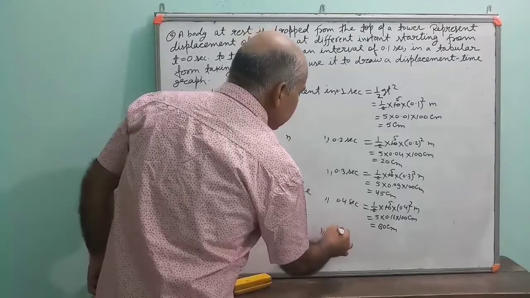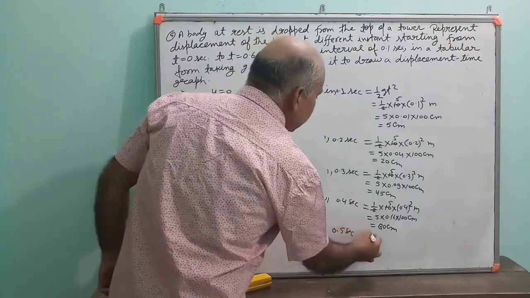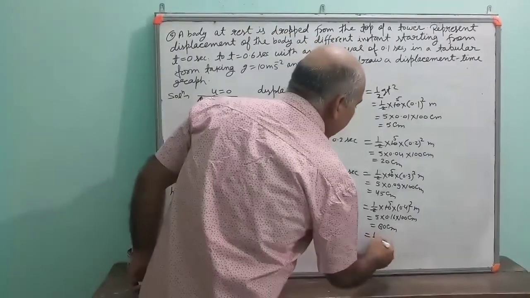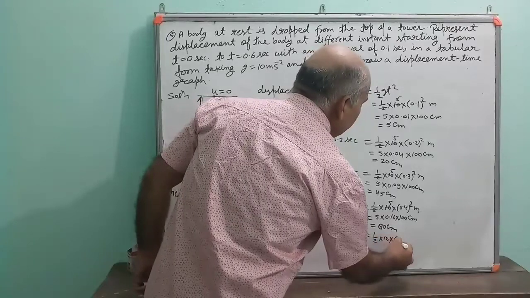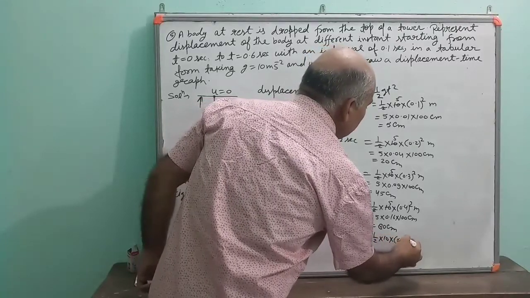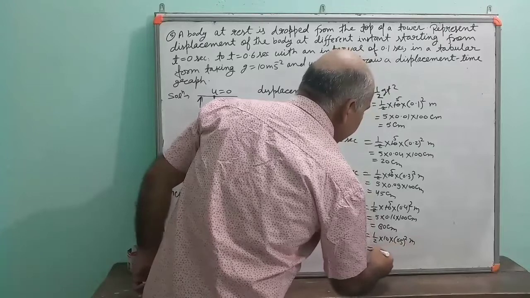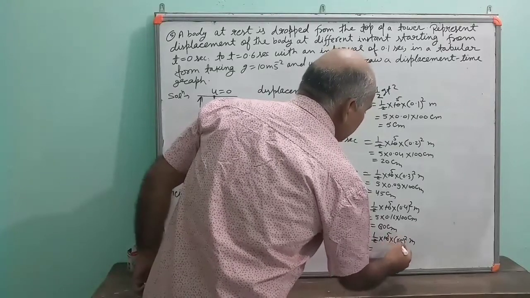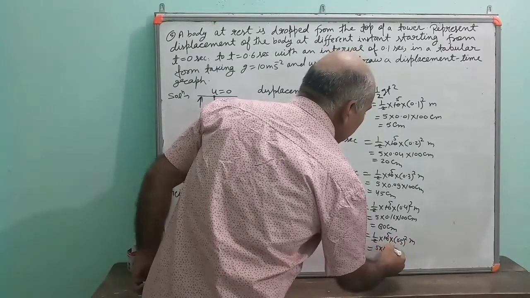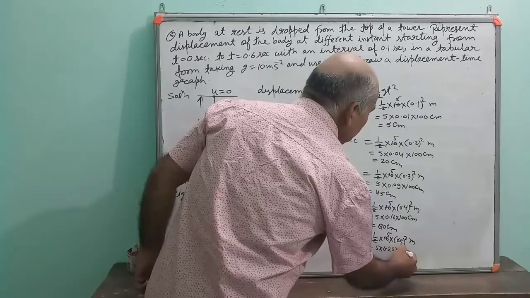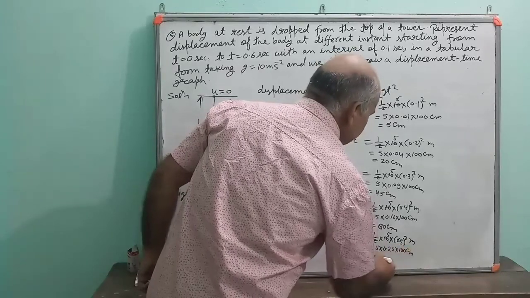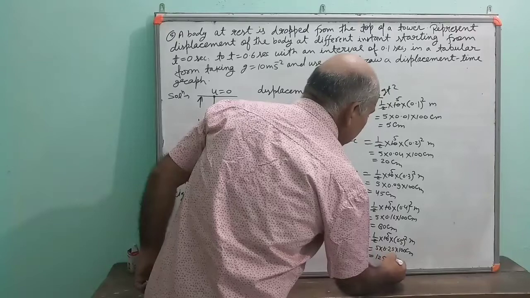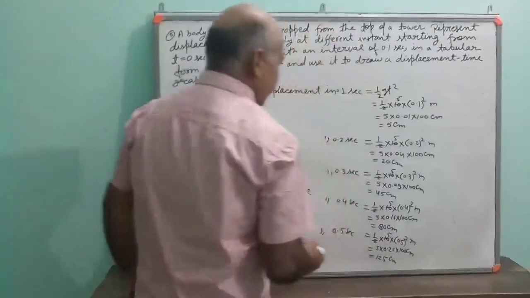Now displacement in 0.5 seconds will be 1 by 2 into 10 into 0.5 square meter, so 5 into 0.25 into 100 centimeter, that is 125 centimeter.